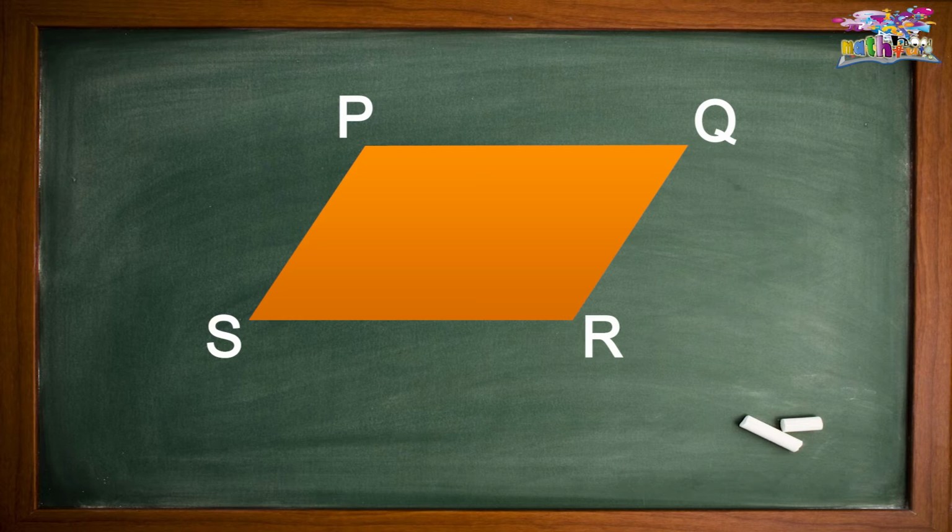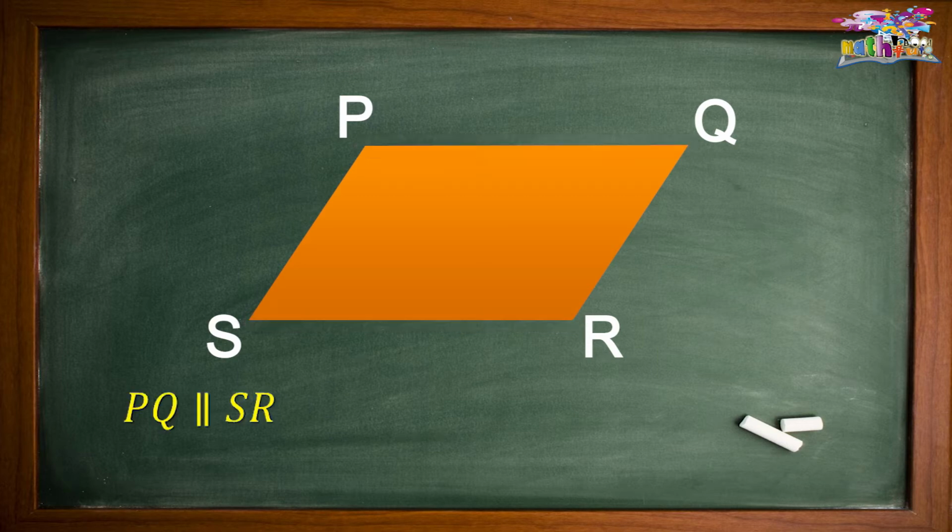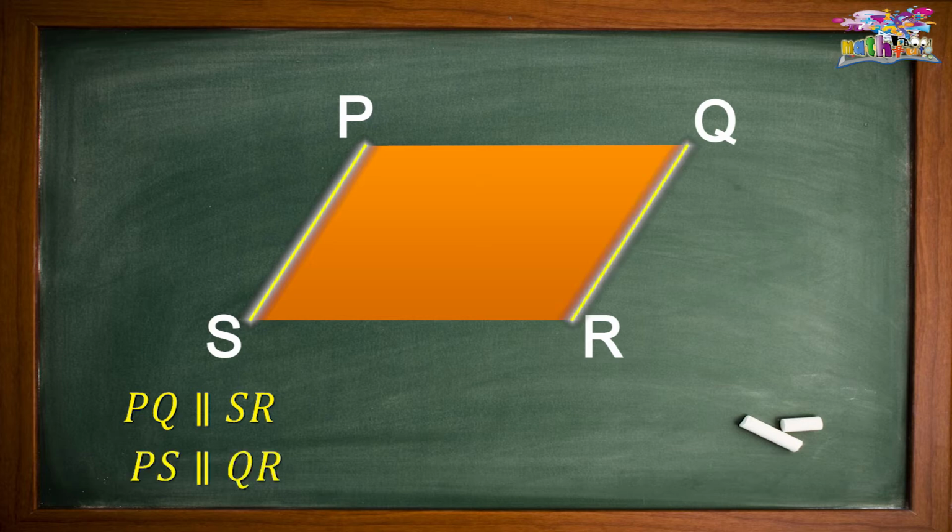Consider quadrilateral PQRS. In this quadrilateral, sides containing line segment PQ and line segment SR are parallel. PS is parallel to QR.